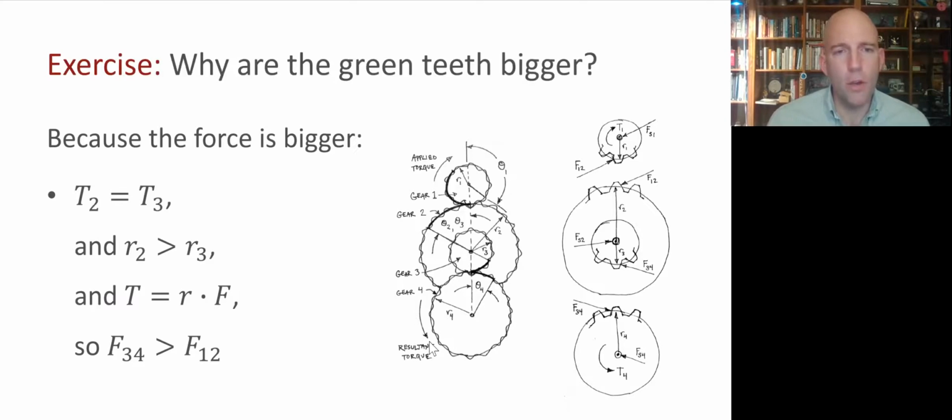But the radius of the second gear is bigger than the radius of the third gear, so you need a smaller force on the teeth of the second gear than on the third gear. And so the force at the interaction between gear 3 and 4 is going to be a lot higher than the one at the interaction between gear 1 and 2. And the meshing teeth have to be the same size. So that fourth gear has much bigger teeth so that they don't break.